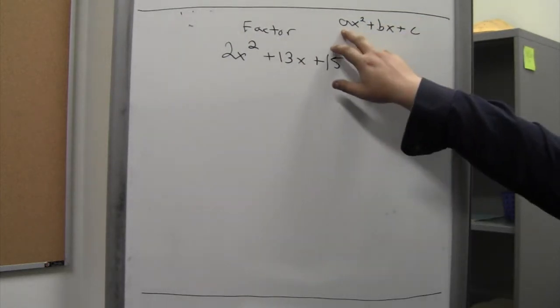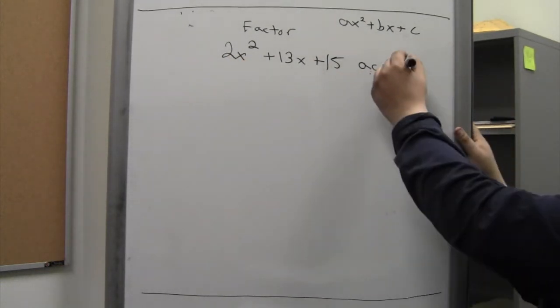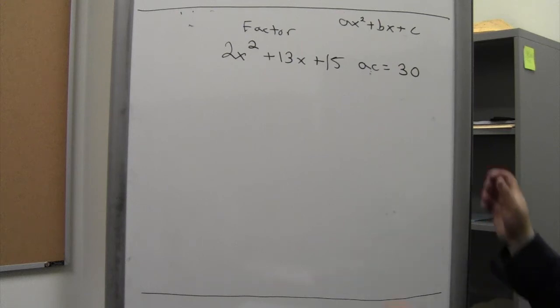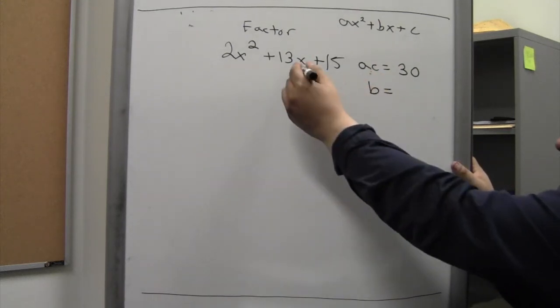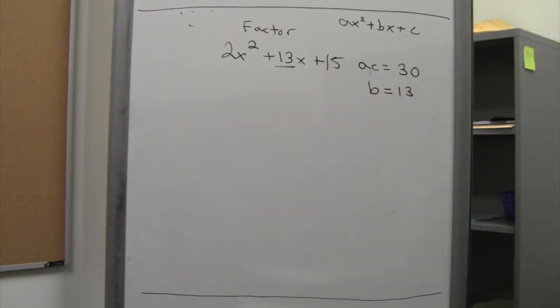So the first coefficient and the last term here, 2 times 15, that's 30. And our b value is here, that's 13. Now what we're trying to do is think of some factors of 30 that add up to give 13.